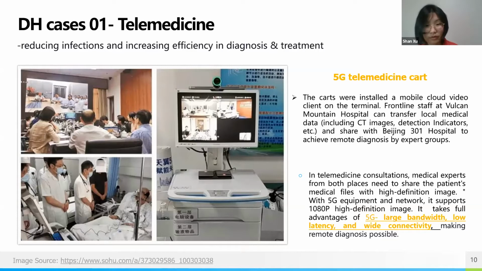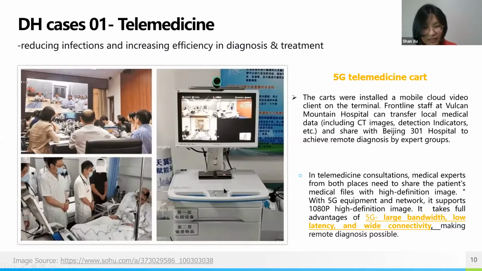And this time they also made a little innovation on the terminal. So we call it a 5G telemedicine cart. And this terminal is removable and could contain some medical supplies below the video.